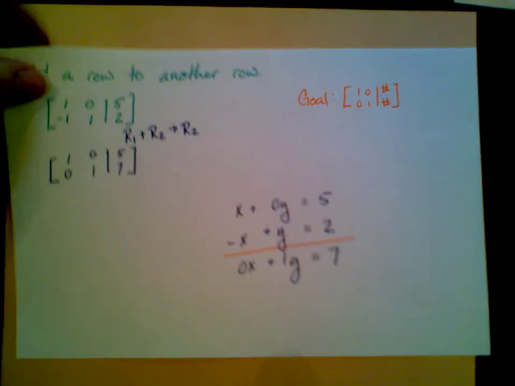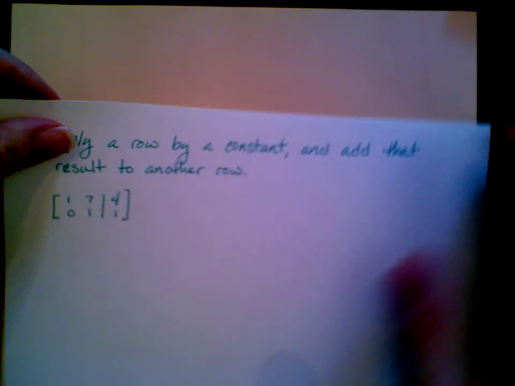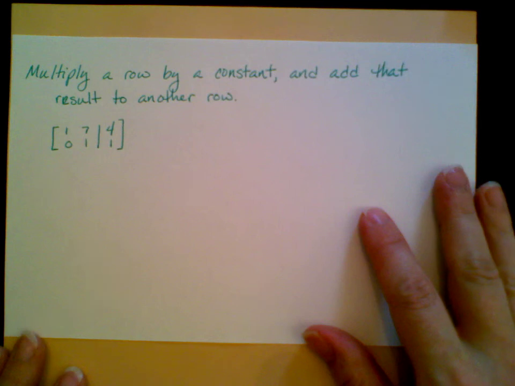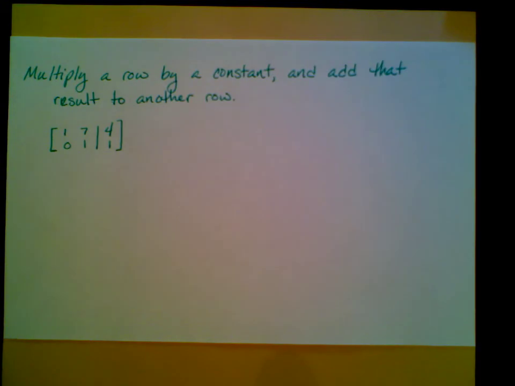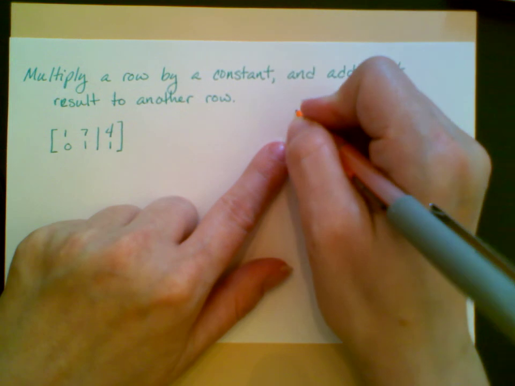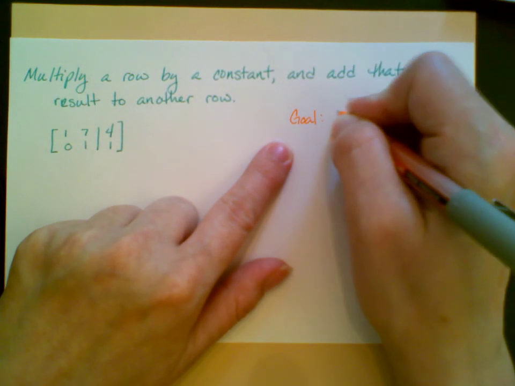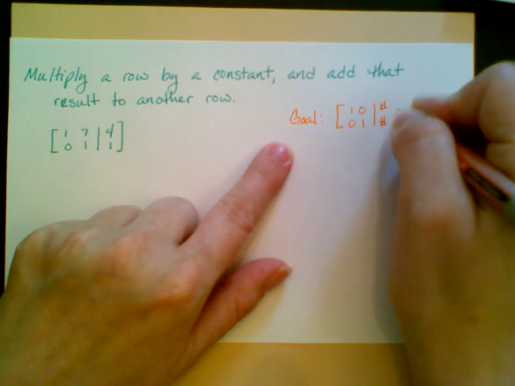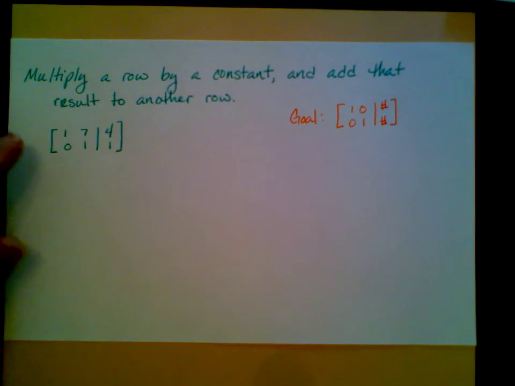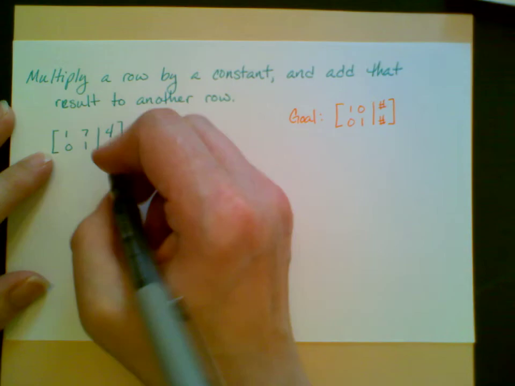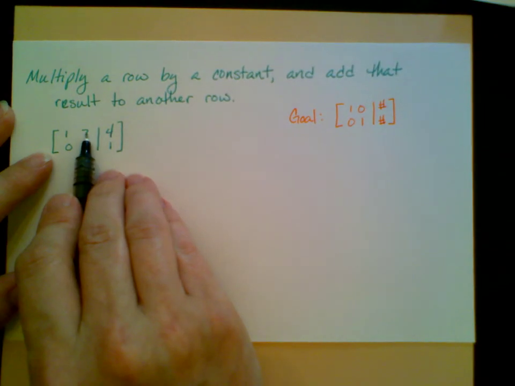So now let's look at an example of our fourth and final row operation, where we multiply a row by a constant and add that result to another row. And again, I'll keep my goal form in mind. All right, so I want to change this 7 into a 0.